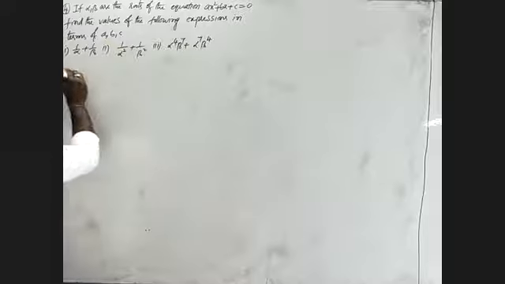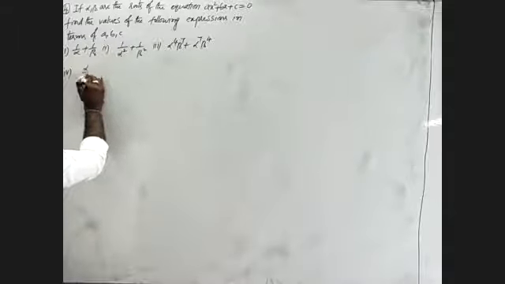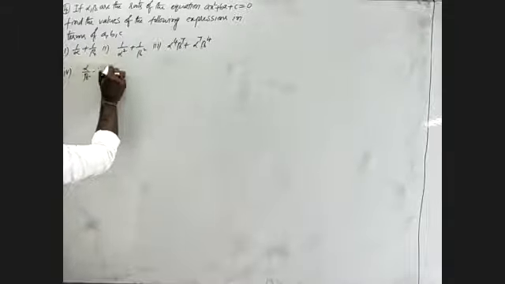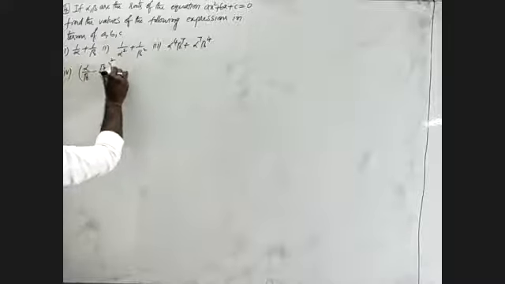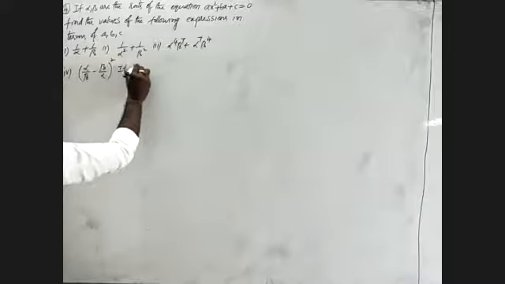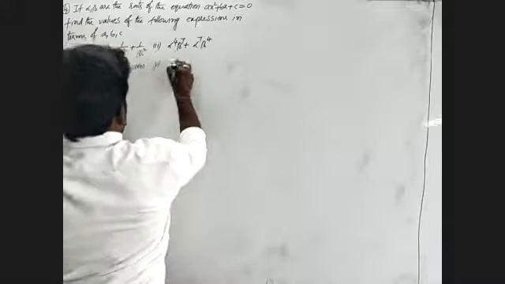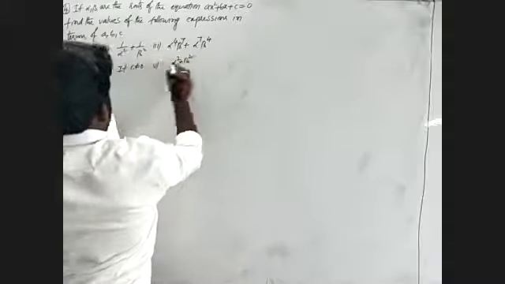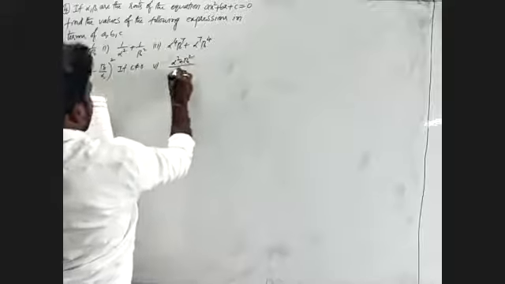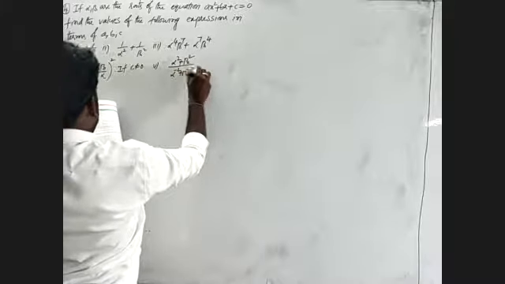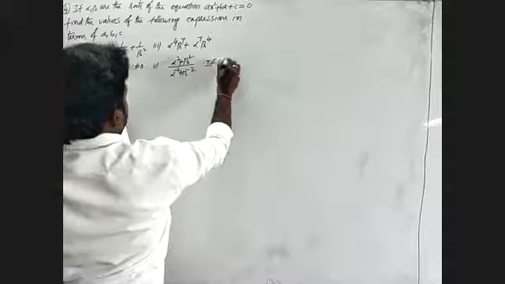The fourth one is alpha by beta minus beta by alpha whole squared, if c does not equal 0. The fifth one is alpha squared plus beta squared by alpha power minus 2 plus beta power minus 2, if c does not equal 0.